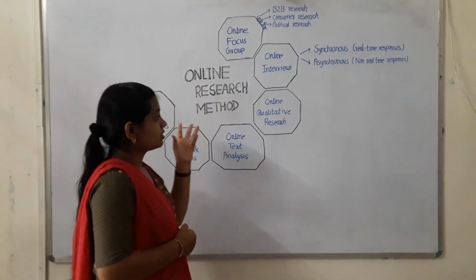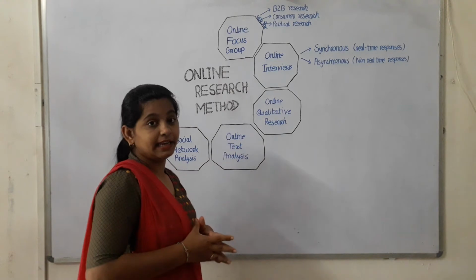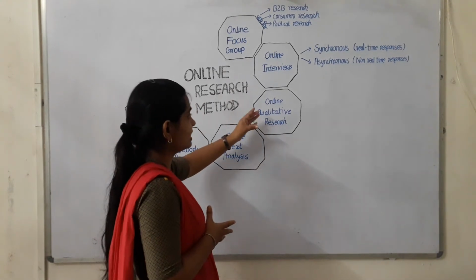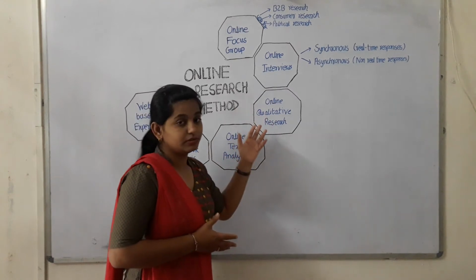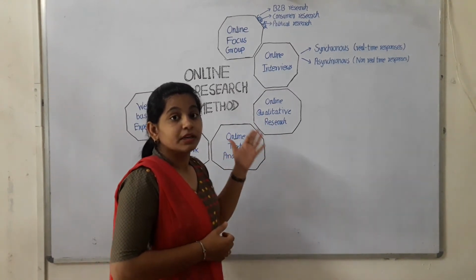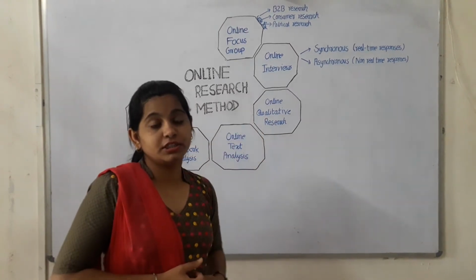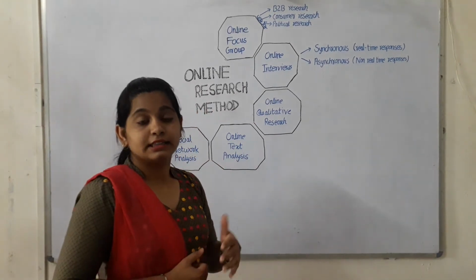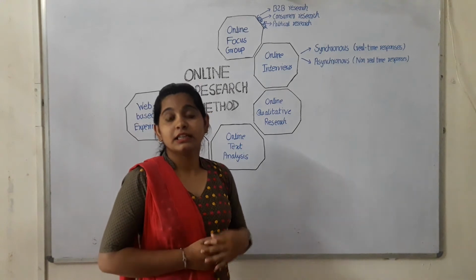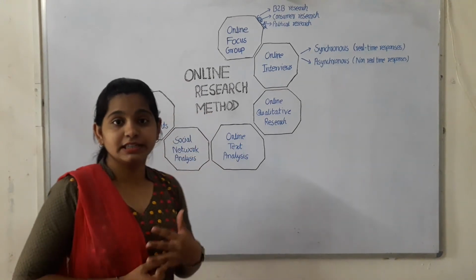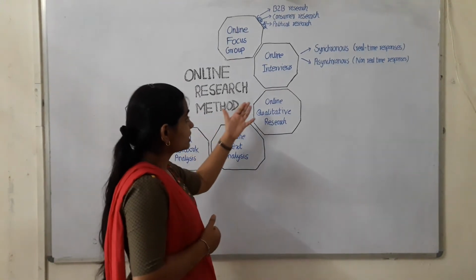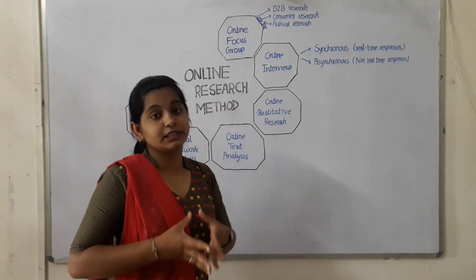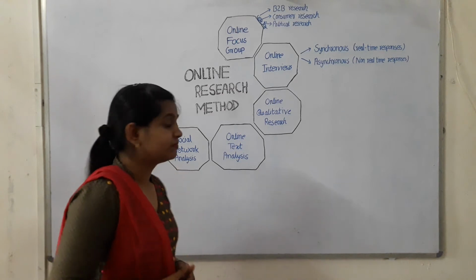So all these platforms combined are grouped in this single method, that is the online qualitative research method. Here the researcher collects the qualitative data by referring to various types of blogs, then online questionnaires, then social media, then trends and all. So this online qualitative research provides qualitative data to the researcher.